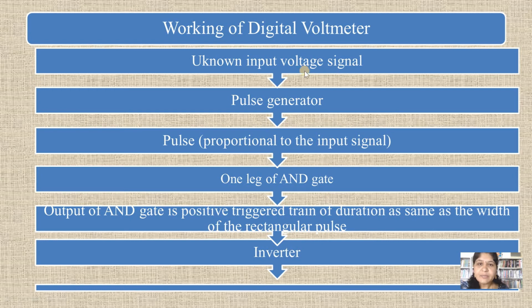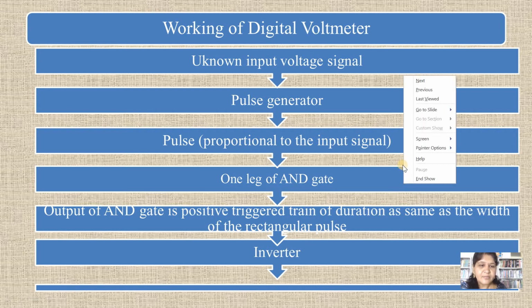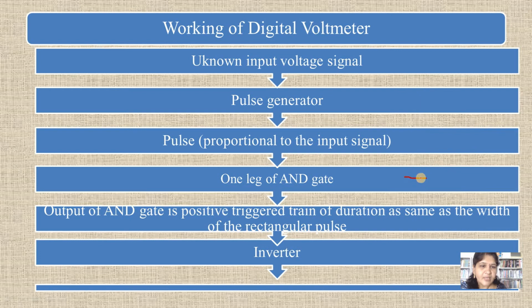First, we are giving the unknown input voltage to the pulse generator. This pulse generator is going to give one of the inputs to the AND gate, and the other input is the train of pulses.